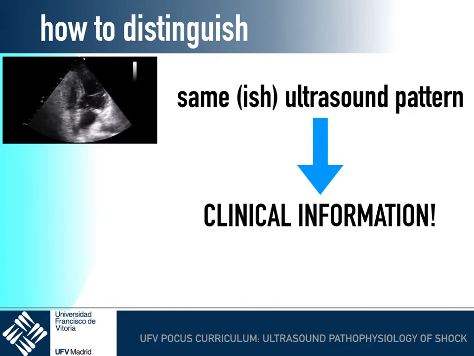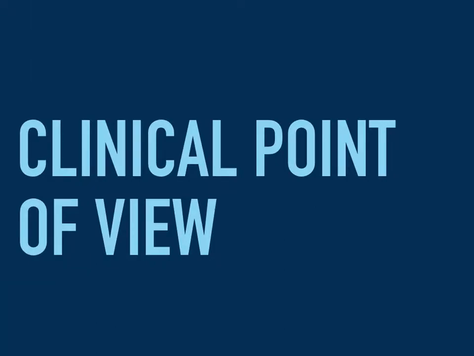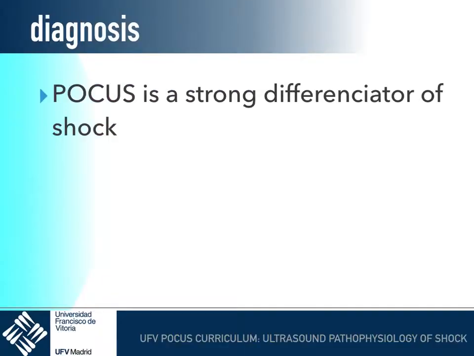The patient has fever, the patient looks dehydrated, the patient is suffering trauma or a visible blood loss, which gives you the clinical information. From a clinical point of view, we need to make a diagnosis. Point of care ultrasound is a really strong differentiator of the kinds of etiology of shock, because a simple heart evaluation can rule in or even rule out causes.